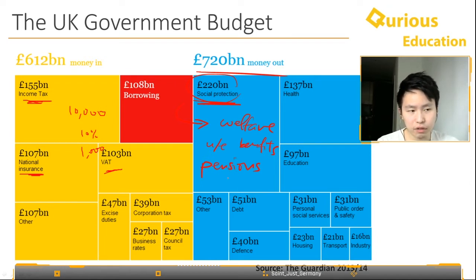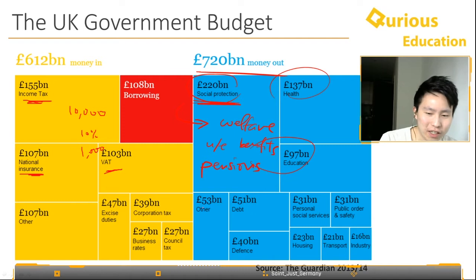And also things like universal benefits, not universal income. So social protection is mainly the amount of money that we pay in order to help those in need. And then we've got the NHS, of course, and then education as well: state schools, universities, all of those subsidies.